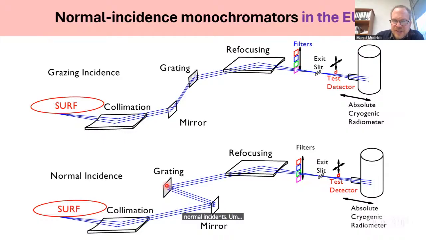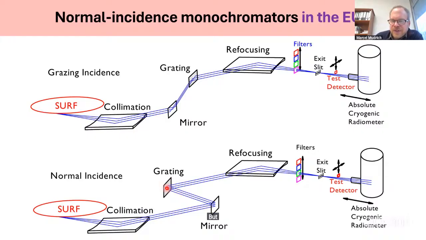I have to stress that this is only an option in the EUV. For X-rays, there is no mirror that has high enough reflectivity, and diffraction at the grating would not work at normal incidence.